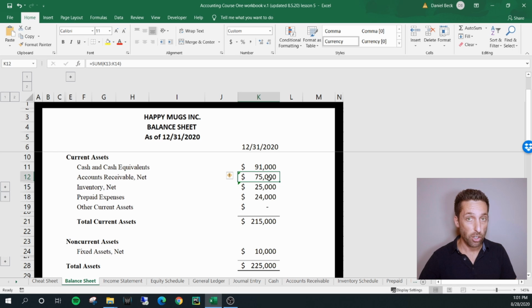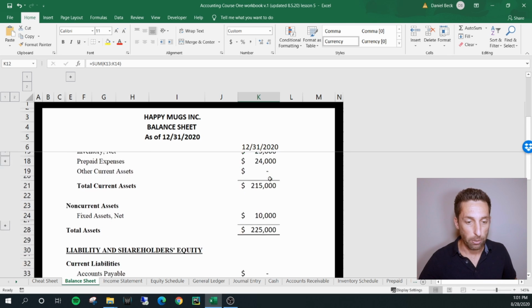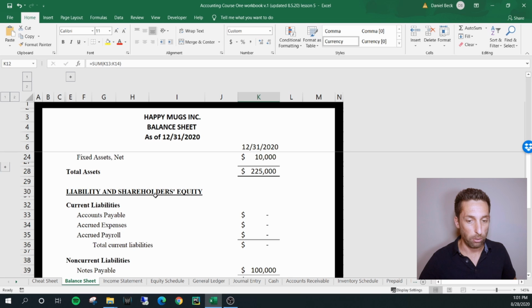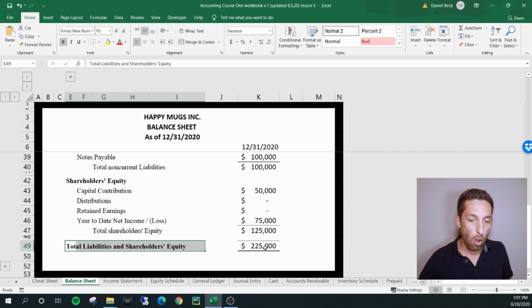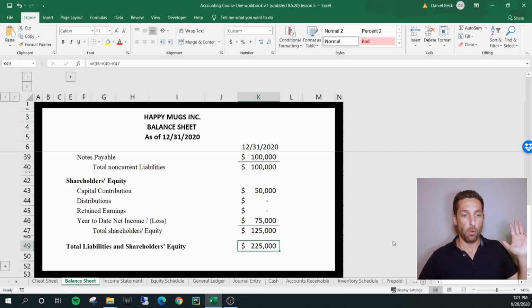We haven't collected the cash yet, but we have an asset that says we are legally entitled to $75,000 from this specific customer. And if we go down here to our liabilities and shareholders' equity, we'll see now that the total liability and shareholders' equity also equals $225,000. Well, how did that happen?